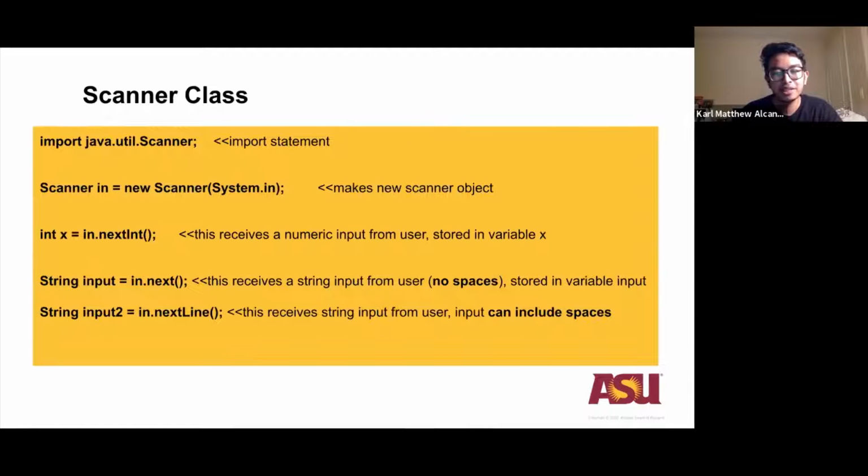It essentially can only hold one word, basically, and that one word is stored into the variable input. And next, you can do in.nextLine. What this does is receives a string input from the user, but it can now include spaces. So the input can be an entire sentence like hello world. And that takes care of the scanner class.